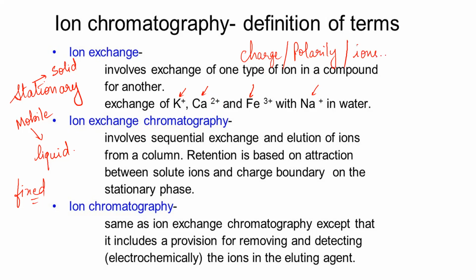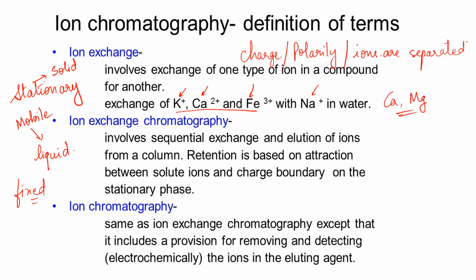Ions can be separated because ions are carrying charge, especially like a hard water sample. The hard water sample contains calcium and magnesium in a larger proportion. So you can actually remove these ions from the hard water and reduce the water's hardness. So you can convert it into soft water or potable water.